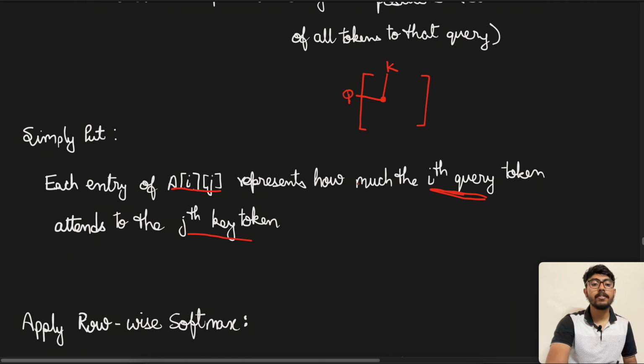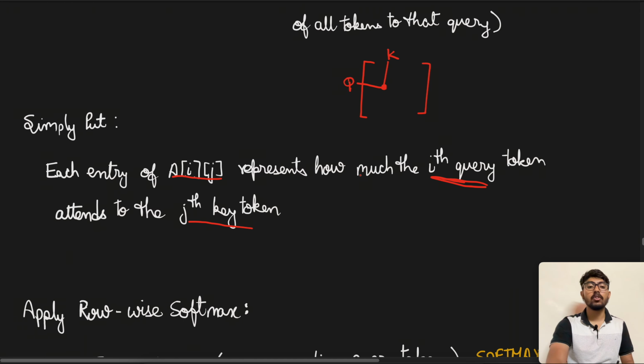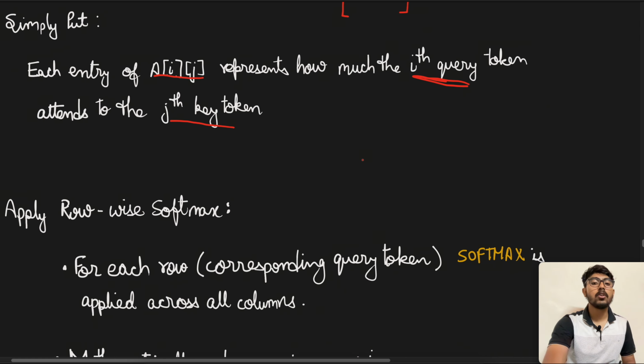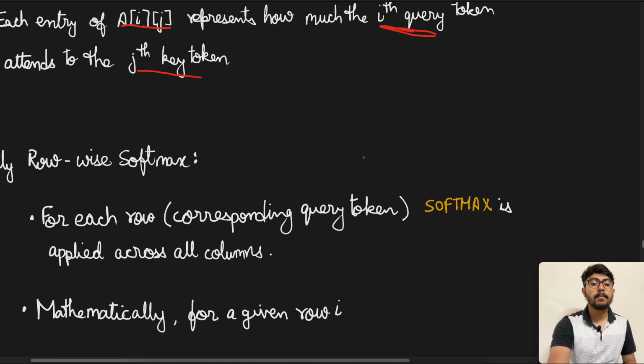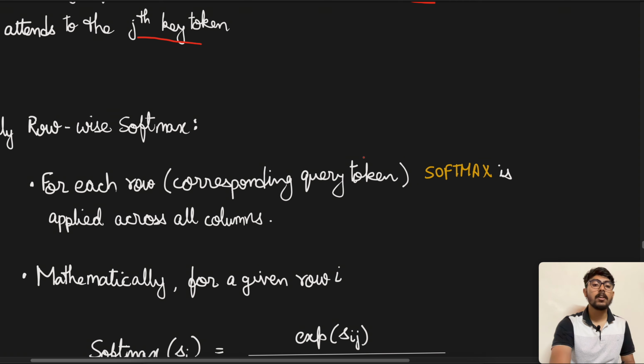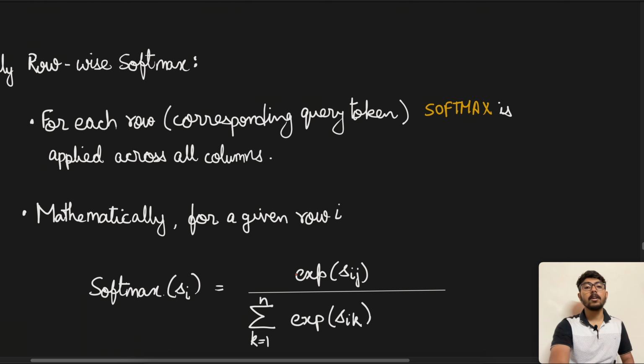Alright, next we move to application of row wise softmax to the attention score matrix. For each row corresponding to a particular query token, softmax is applied across all columns. So we take a row and then we apply softmax to the entire row. Mathematically, softmax will be equal to exponential of Sij over summation of k equals 1 to n exponential of Sik.